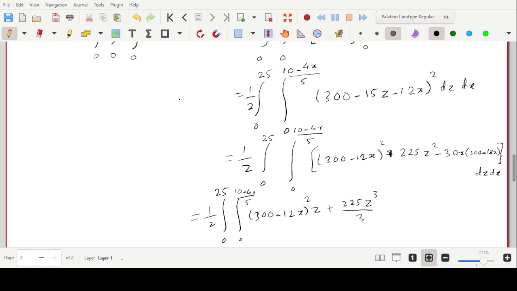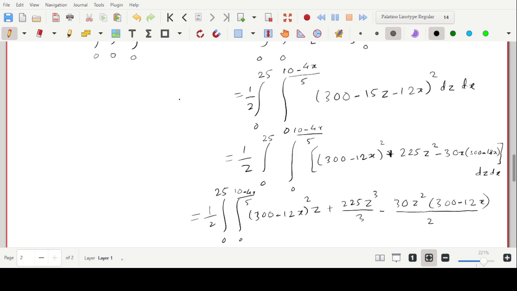It is the integral of this, minus 30 z square, 300 minus 12x divided by 2.